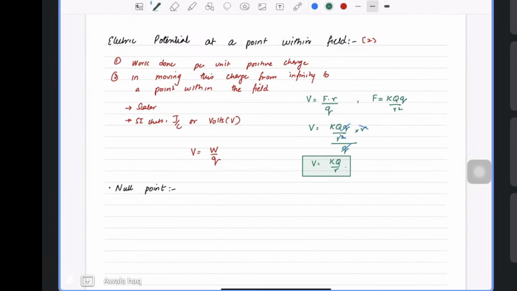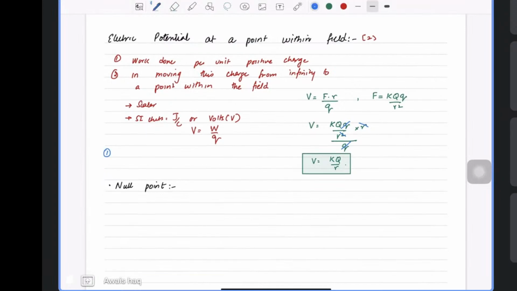Now there are 2 more things that I would like to point out. Number 1, you should always remember, I'm just going to move this a bit up because it's taking a lot of space. The first point I would like to add here is that the charges move from higher potential to lower.